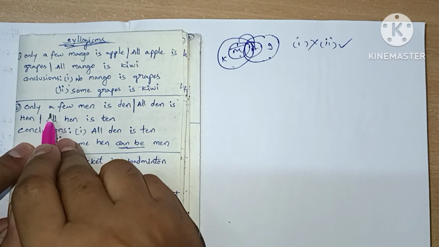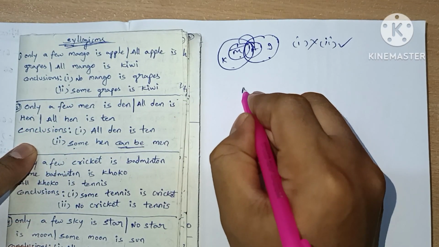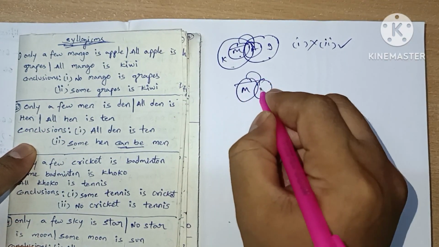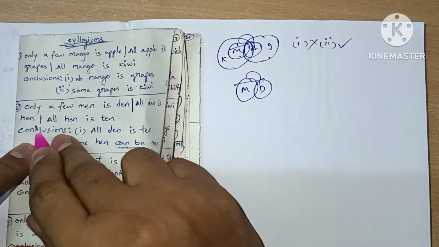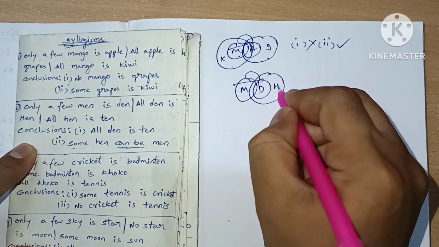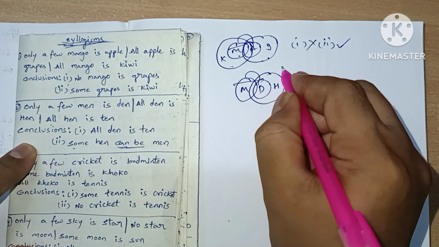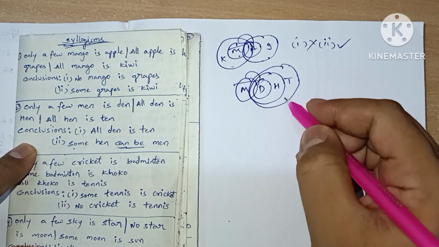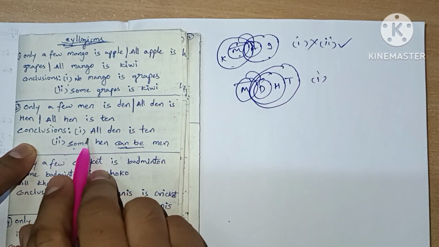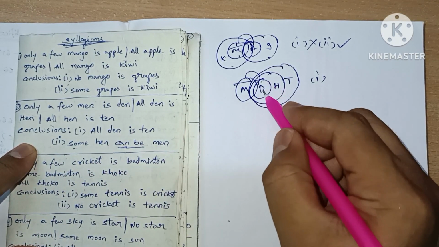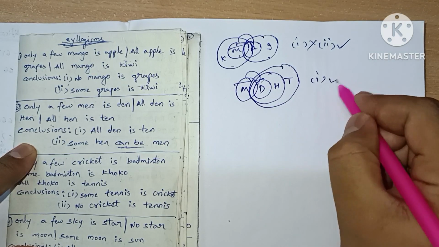Second question. Only a few men is den. All den is hen. All hen is ten. Now let's see conclusion 1. All den is ten. All den is inside ten, as it is true.